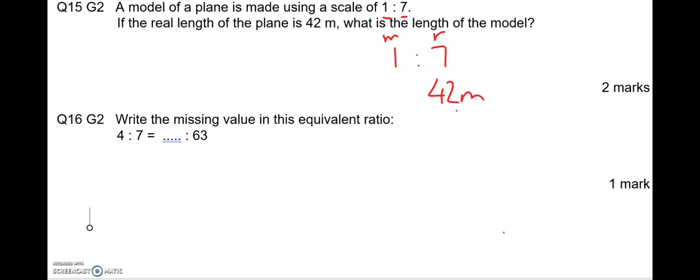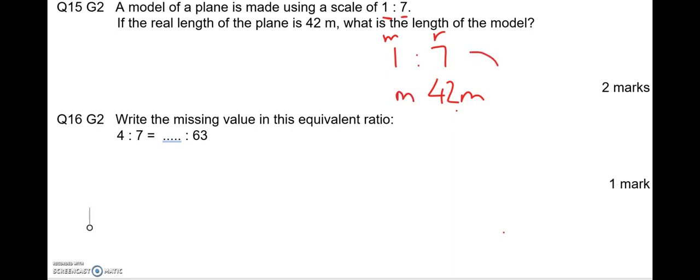Now, one thing is that when you haven't got any units being given to you in the ratio or scale, it means that whatever unit you put in, that's what you're going to get out as well. So I haven't got any unit in 1 to 7, but I've been given a unit in 42. So that means the answer that I'm going to get here will be in meters as well.